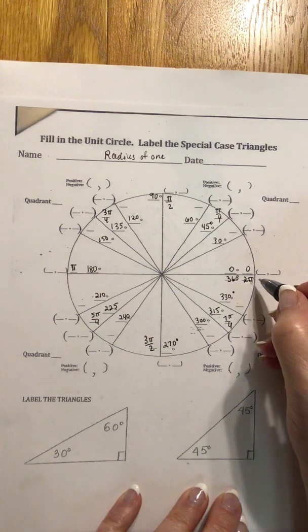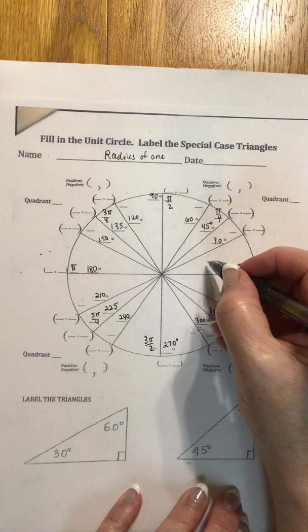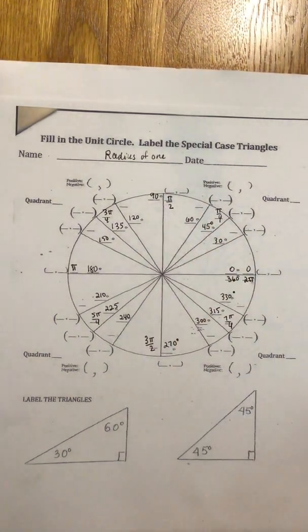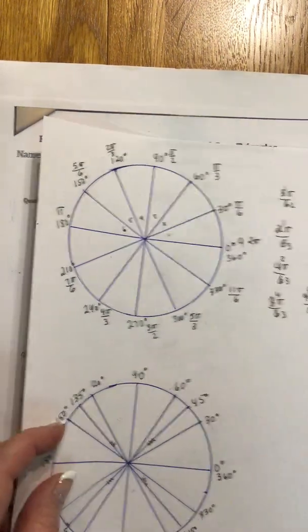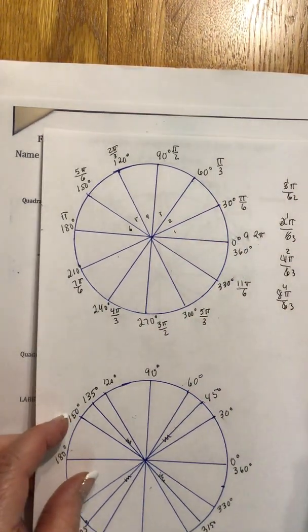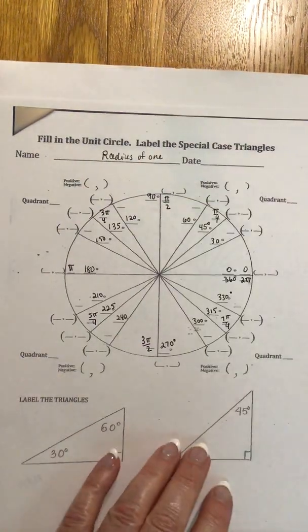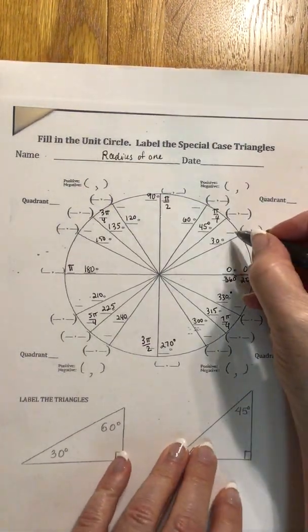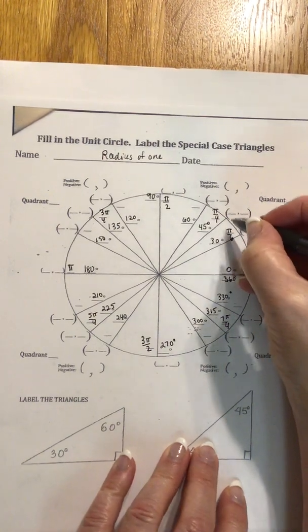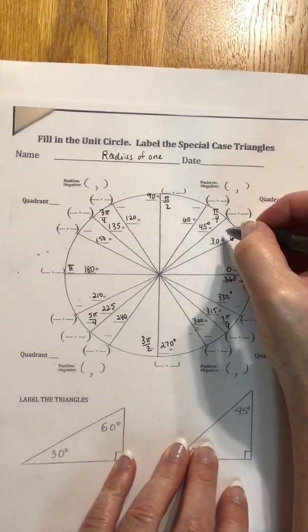So now we've done the fourths, now we have to come back and do the sixths, right? Because this is cut into 1, 2, 3, 4, 5, 6 pieces, like the one that we did here. The one that we have listed right here. So we have pi over 6. This is already filled in, so we don't have to worry about it.